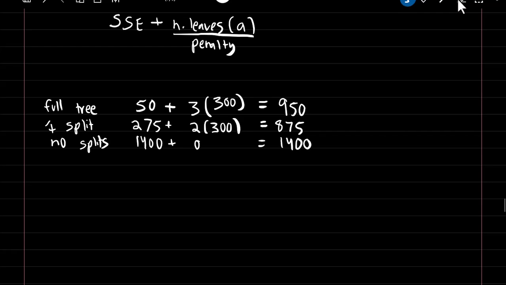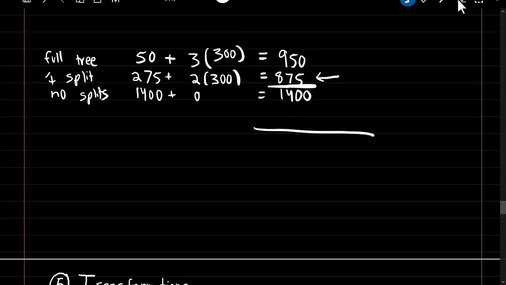So you want to choose whichever one creates the smallest value. From this, we can see that with a tuning parameter of alpha equal to 300, the best model we can choose is our one split, with a penalized sum of squared error equal to 875. So our final regression tree would just be our one split.